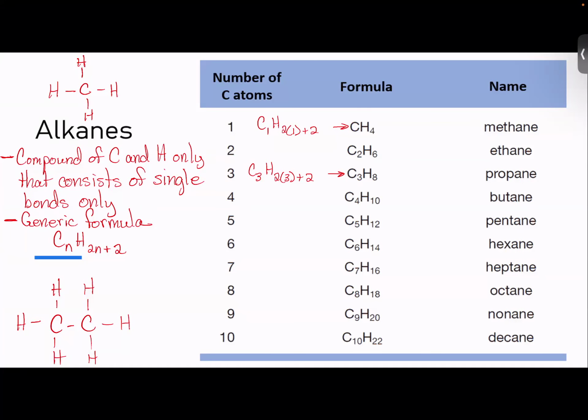Now let's talk about the name. You're going to have to memorize because you can't deduce. You're going to have to memorize your first 4 alkanes. You have methane, ethane, propane, and butane. And the majority of those 4 alkanes are extremely common.